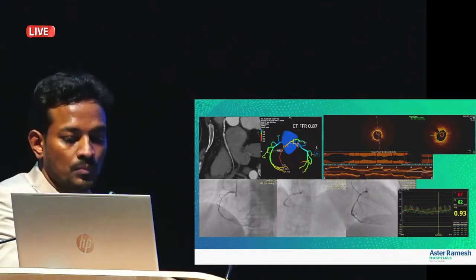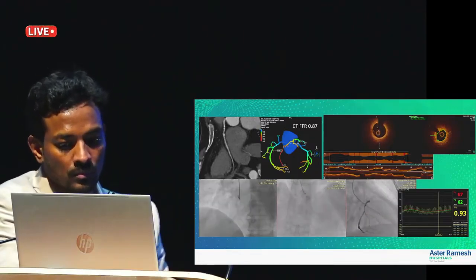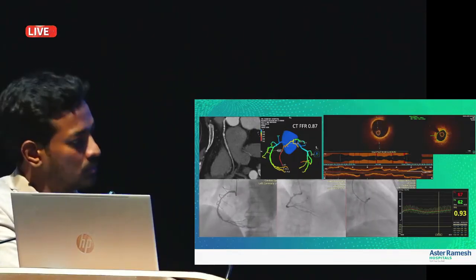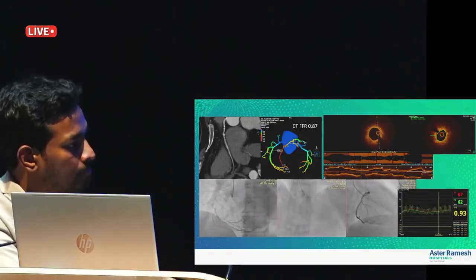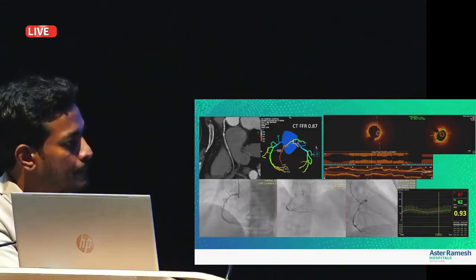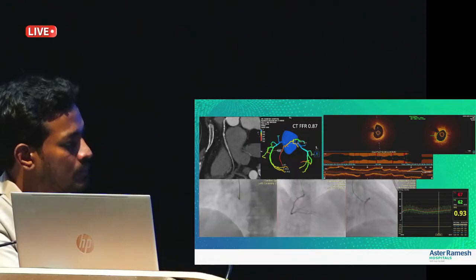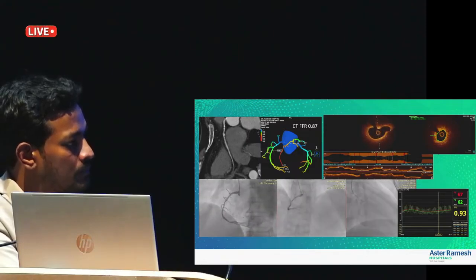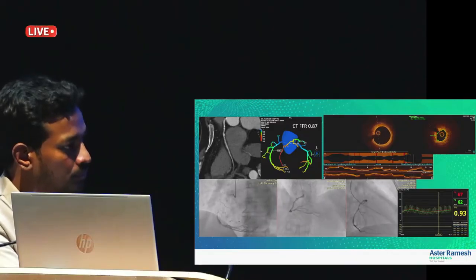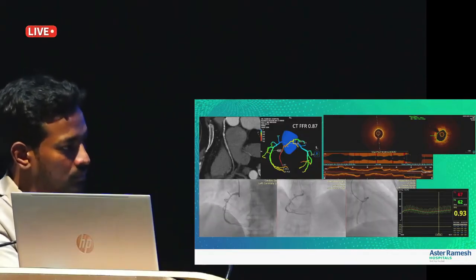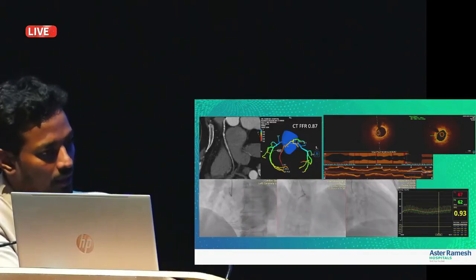If you see the OCT, here also the lipid burden in the plaque is big. If you want a holistic approach in such cases, you have to bring down the lipids at a faster rate. You have to consider injectable lipid lowering drugs in such scenarios.